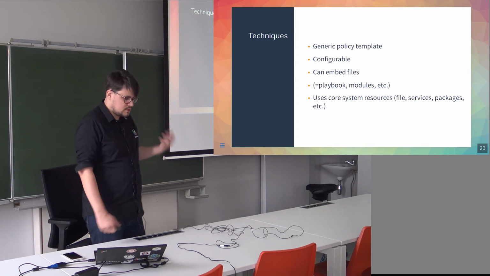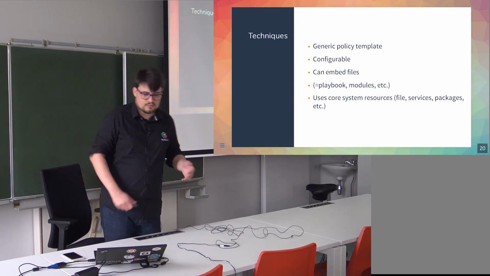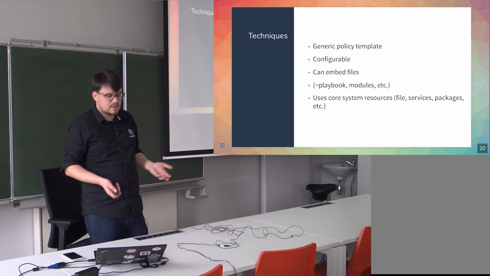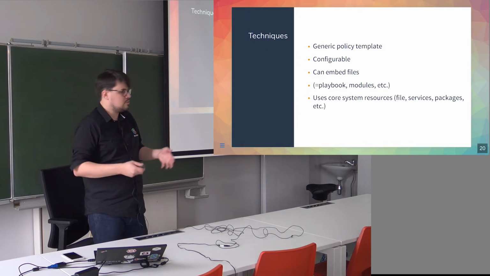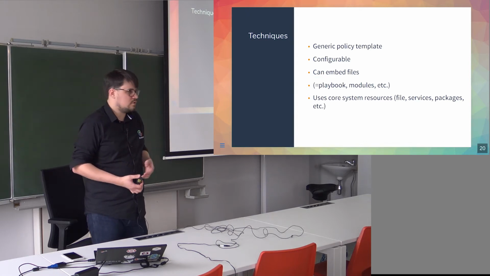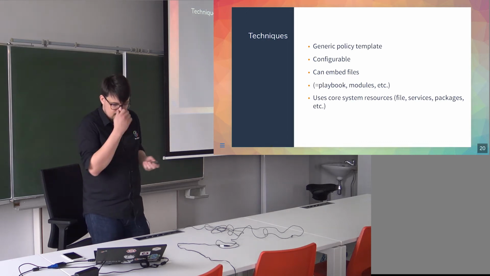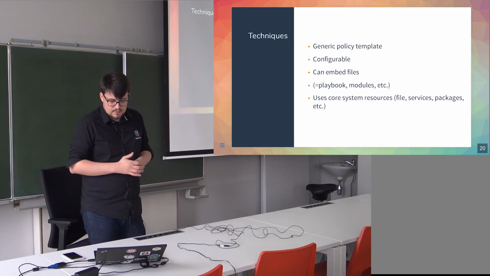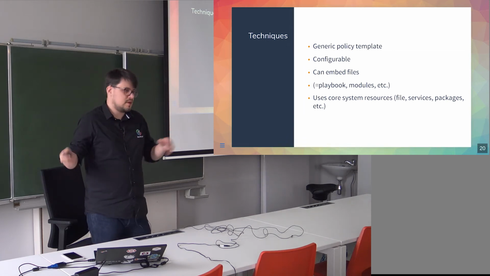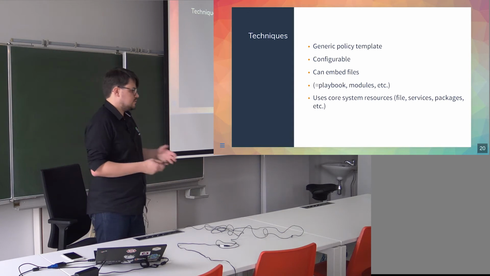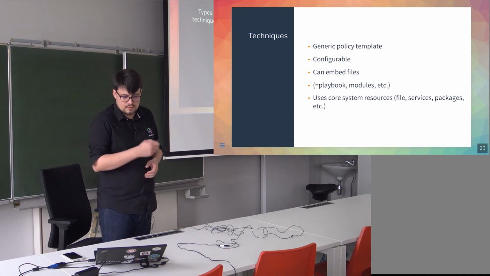So we use techniques, which are generic policy templates. They are configurable. That's a bit like what you can have in other tools, like playbooks or Puppet modules, this kind of thing. That's the equivalent in Rudder. It uses basic system resources like files, services, packages, and is built from these core components.